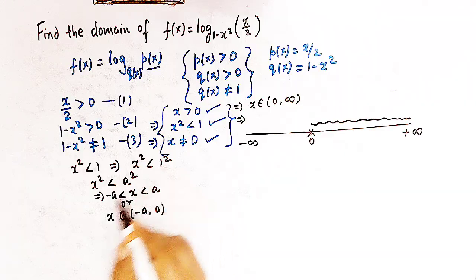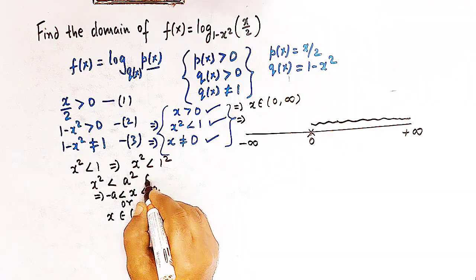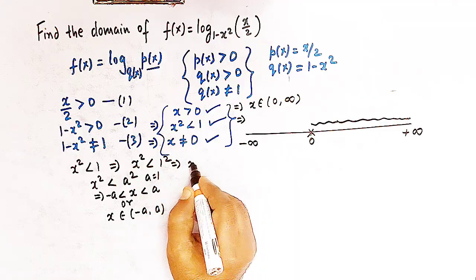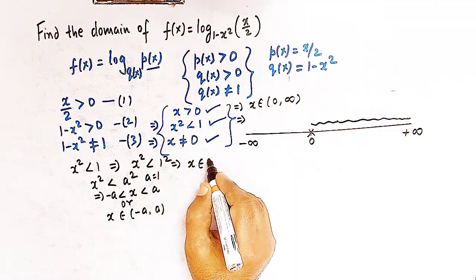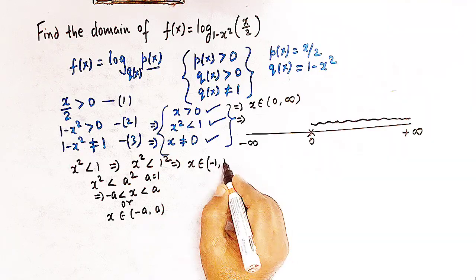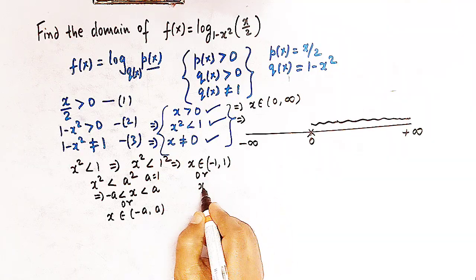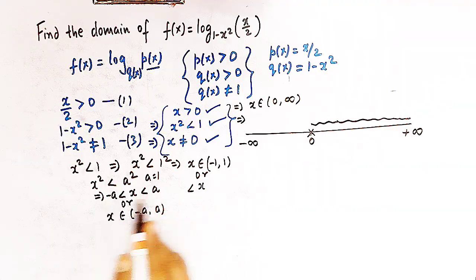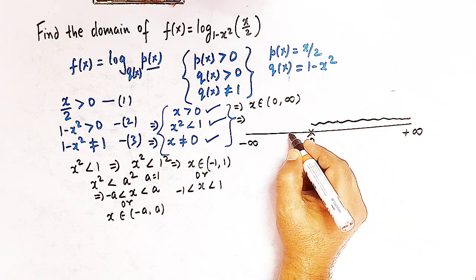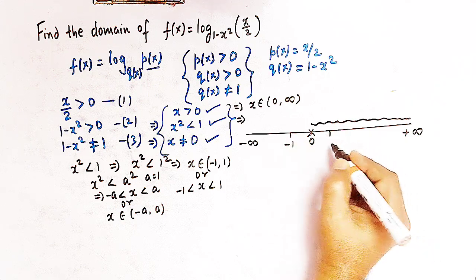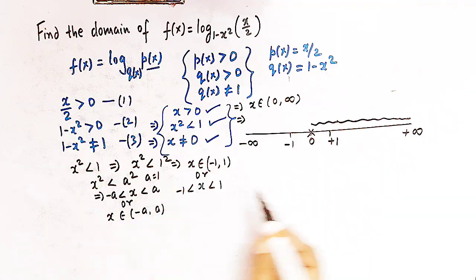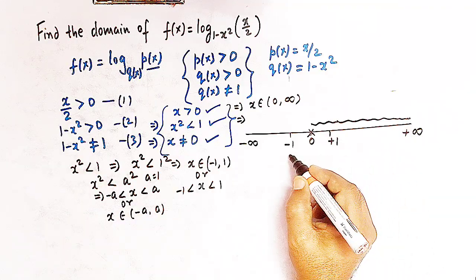Here we have a equal to 1. So we can write x greater than minus 1 and less than 1. So here we have minus 1 and here we have plus 1. So x square less than 1 can be represented like this.